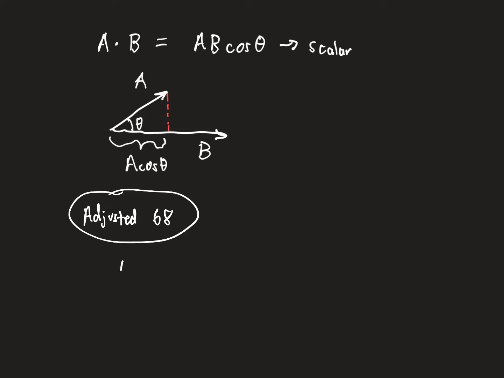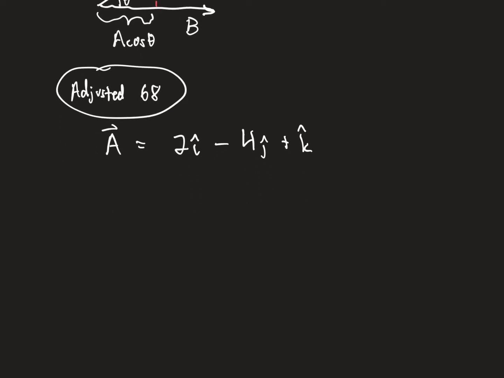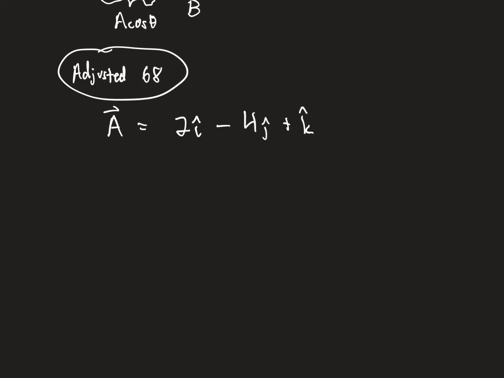It says find the dot product of A and C. Vector A is equal to 2 in the I hat minus 4 in the J hat plus K hat. If I have just a K hat, what number is out in front of that K hat? 1 is implied.